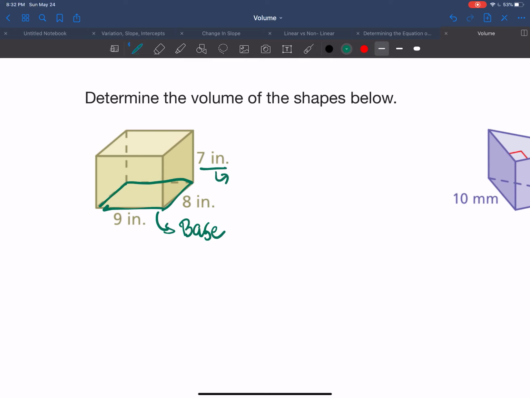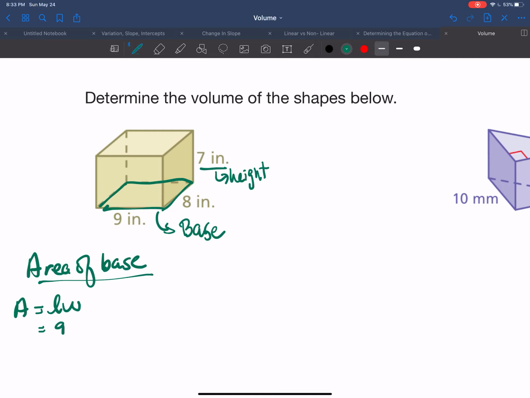And that would be the height. We want to find the area of the base. So for a rectangle, it's length times width. And you don't have to memorize any formulas, you'll get all of them. So that's 72. Now we want to find the volume.